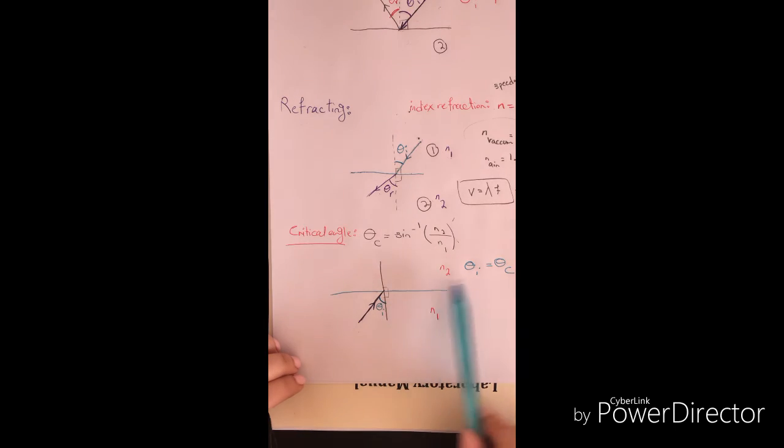If the initial angle equals the critical angle, in that case, the angle of the refraction would be 0.